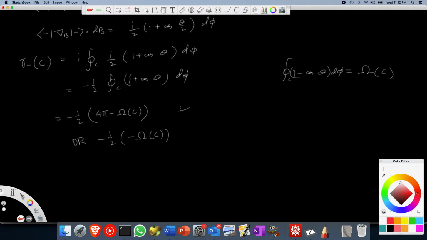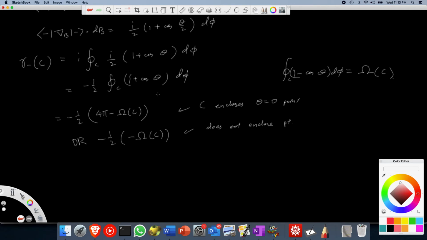The first is the case where C encloses the top of the sphere, the point where theta equals 0, and the second is the case where it does not enclose that point.